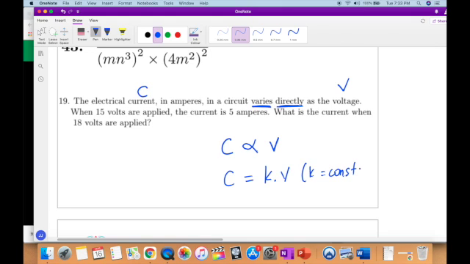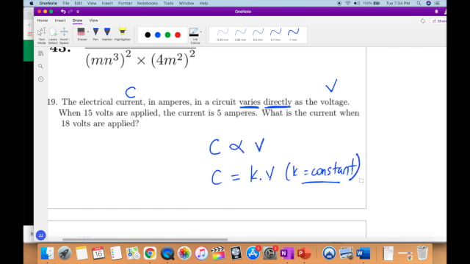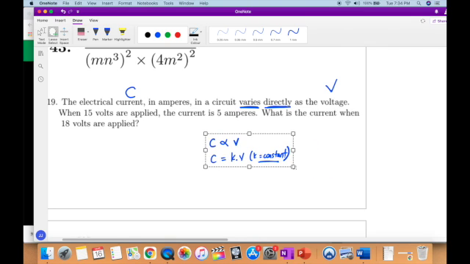So K is one specific number. You see how when current goes up, voltage goes up. When current goes down, voltage goes down. So current and voltage are variables. They change. But K is a constant. K will not change. K is a special number.